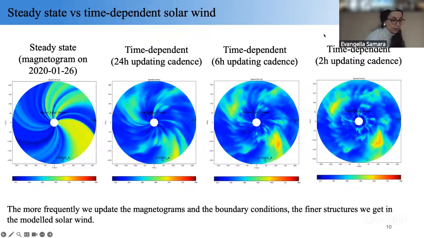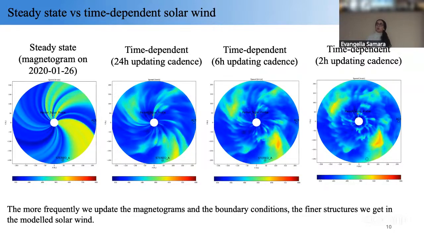Another thing that I find very interesting is this comparison of specific timestamps of the heliospheric conditions at exactly the same time with different approaches and different cadences of magnetograms. The left is what I said before, the traditional steady state with the perfect Parker spiral and things that never change.